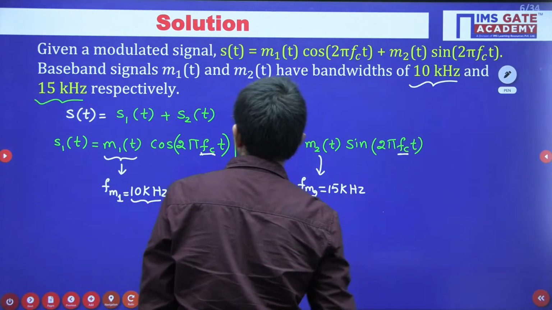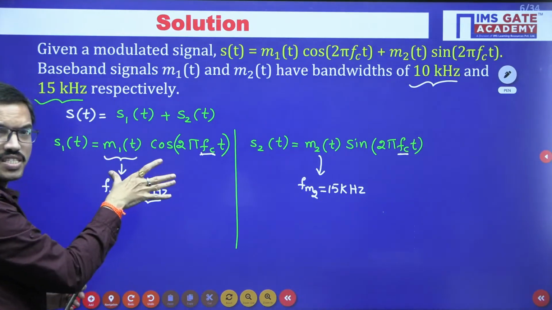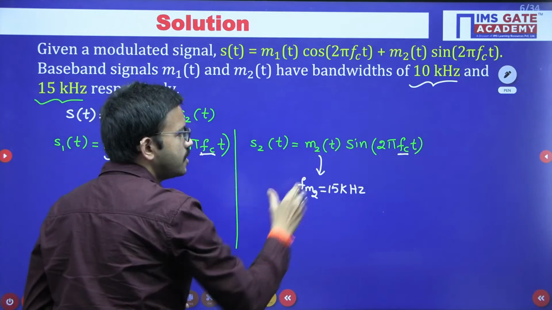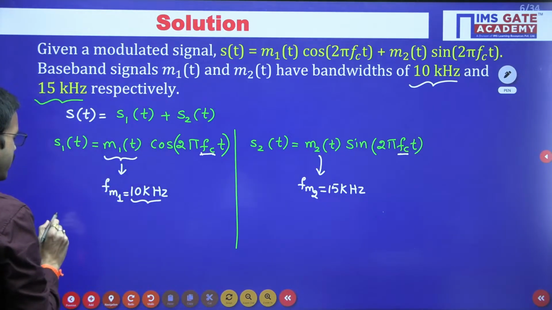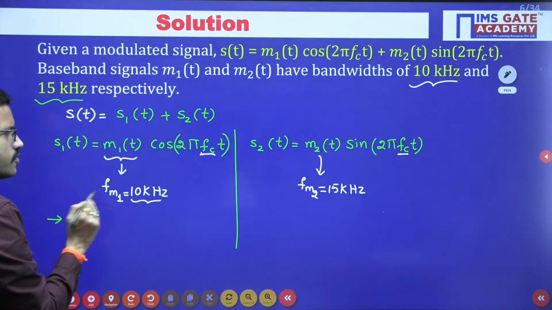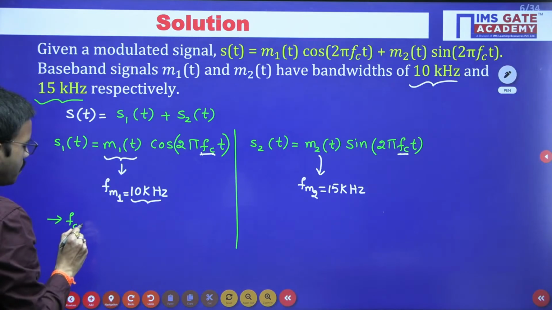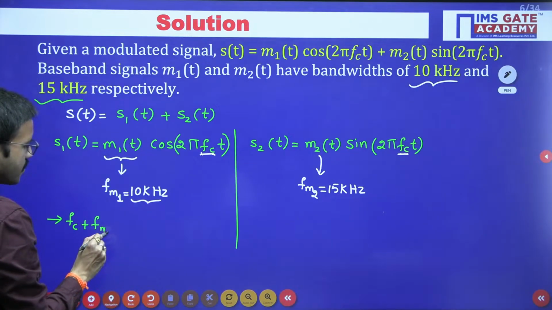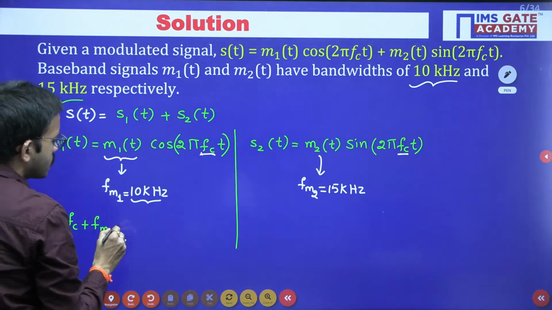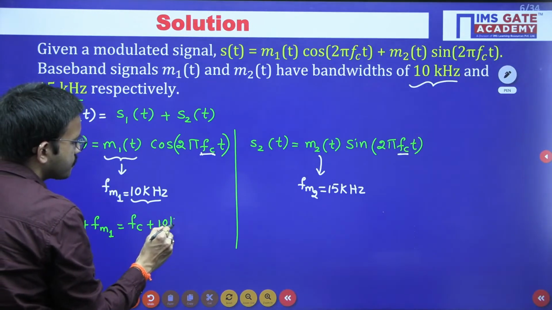Now when you look at this particular signal, it is a DSBSC. Similarly, this is also DSBSC. So here you will get two frequencies. The first frequency is the addition of these two frequencies, fc plus fm1, so you will get fc plus 10 kHz.